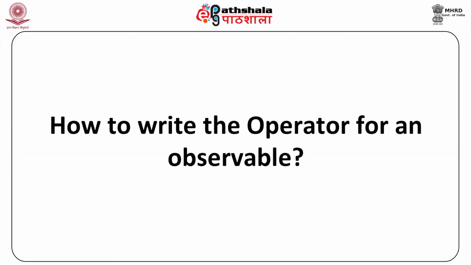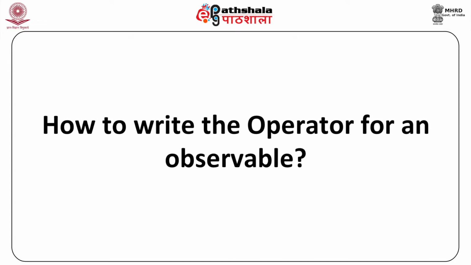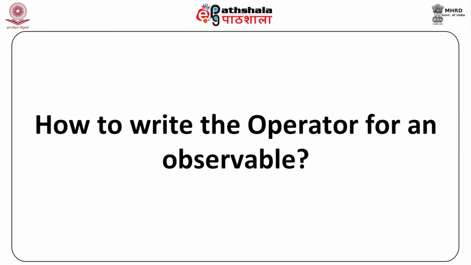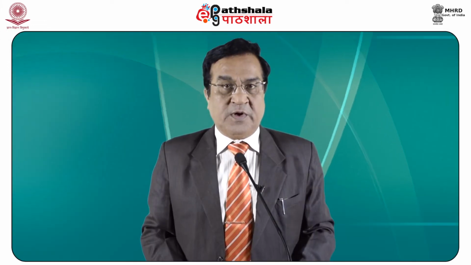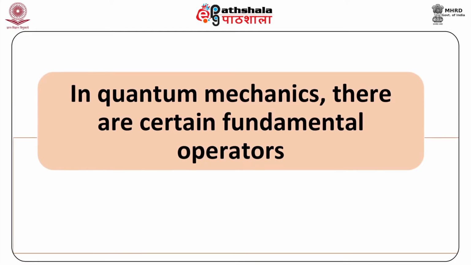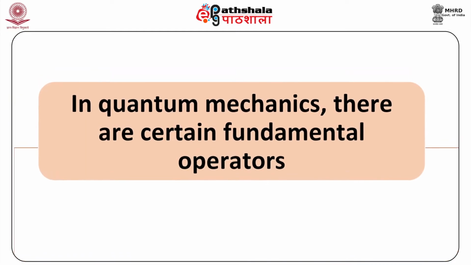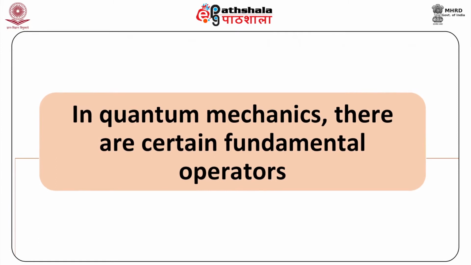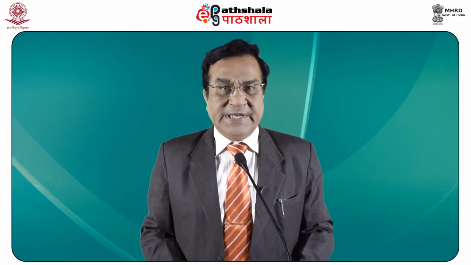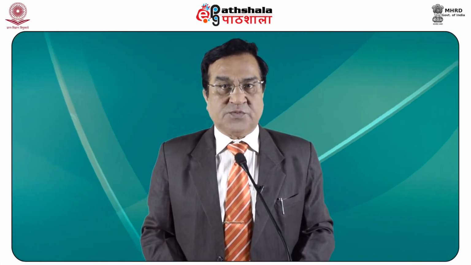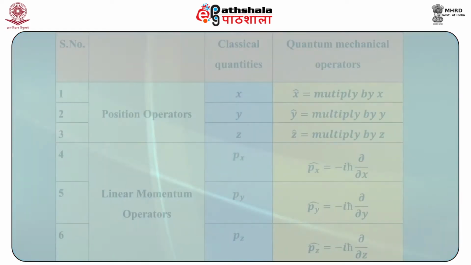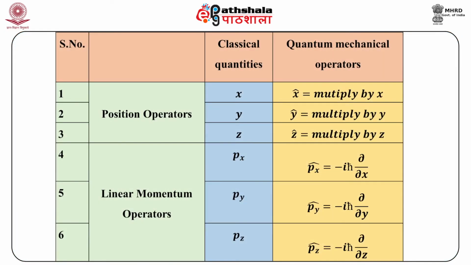Now the question comes, how do we write operators for an observable? First of all, we must understand that in quantum mechanics, there are certain fundamental operators which one will need to remember. These fundamental operators, as you can see here in this table, are position operators.